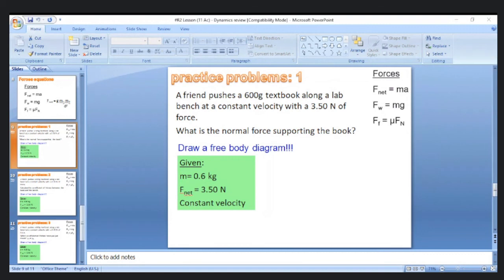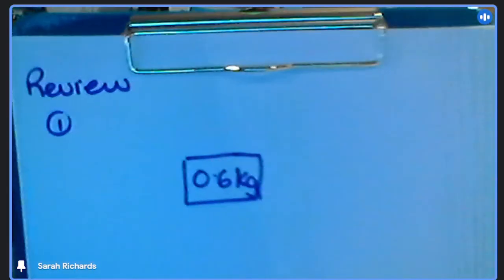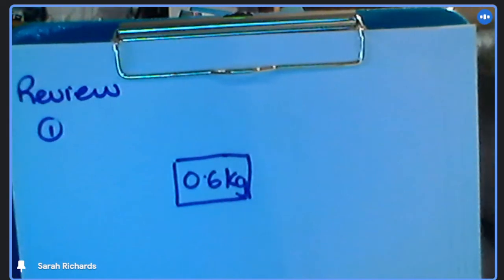So in the question, it tells me I've got a 600-gram textbook. Now, we know that we need to work in kilograms, meters, and seconds for our units. So I've converted my 600 grams into 0.6 kilograms.